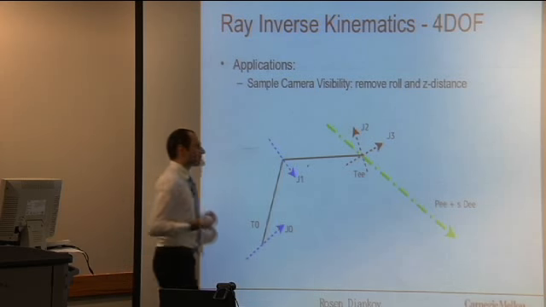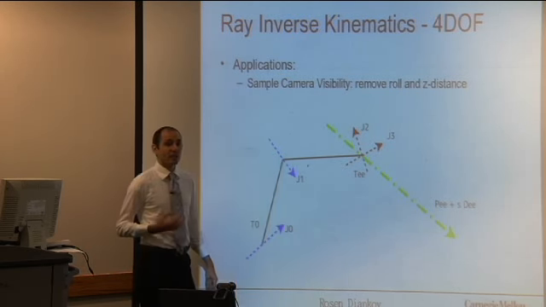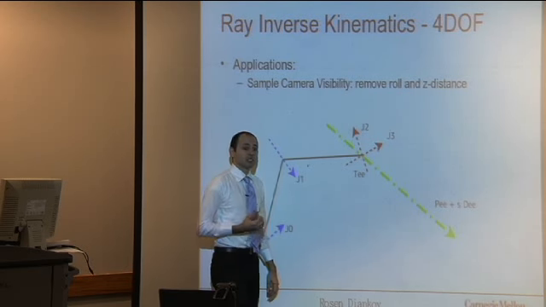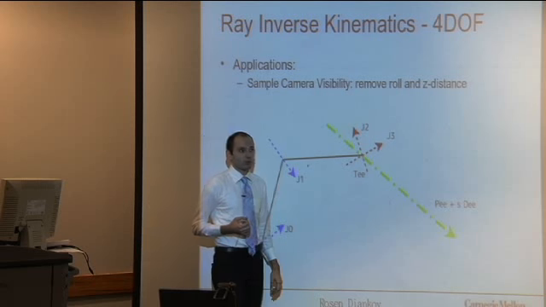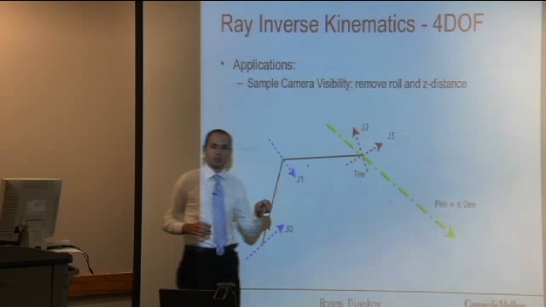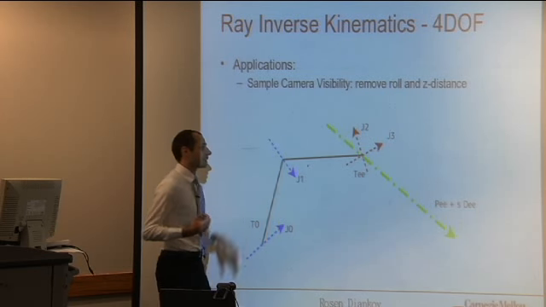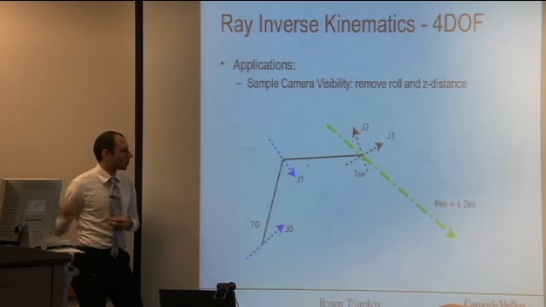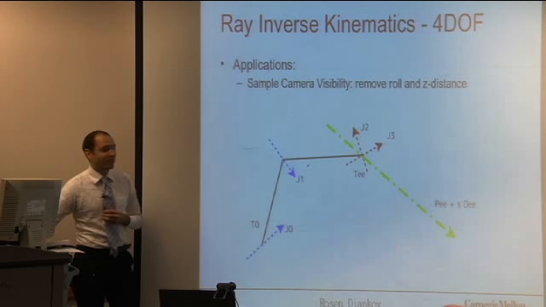Furthermore, we identified a very important usage of ray inverse kinematics, and we talk about it in the thesis. For example, if we have a sensor attached to a robot, we usually care about where that sensor points to in the form of a ray. We really don't care about its roll around its axis or that much about its z-depth. And so sometimes we want to compute ray inverse kinematics in order to simplify a lot of the sampling processes.